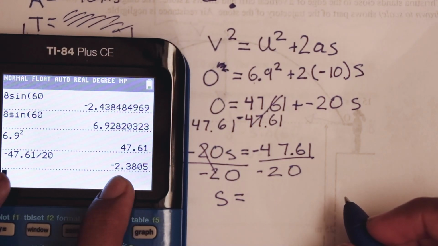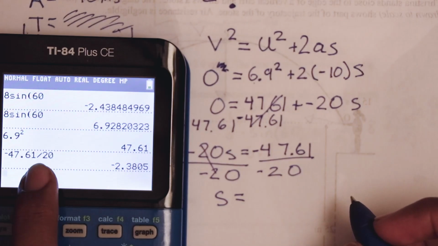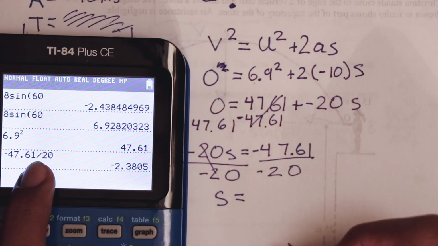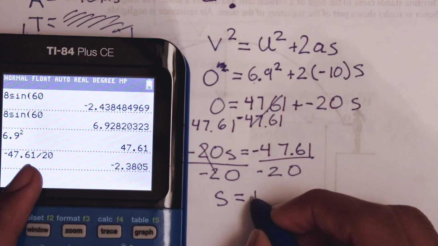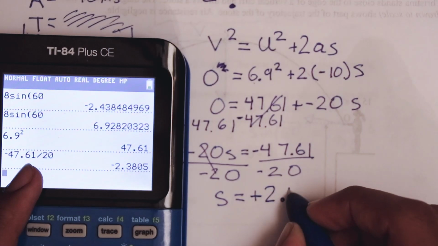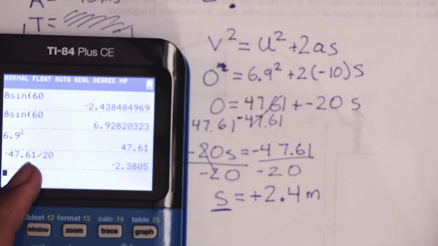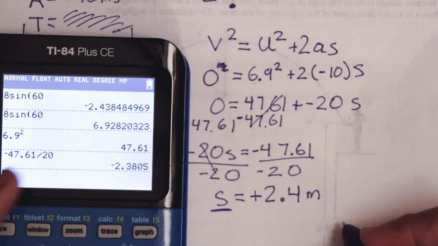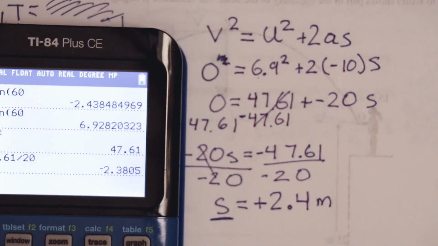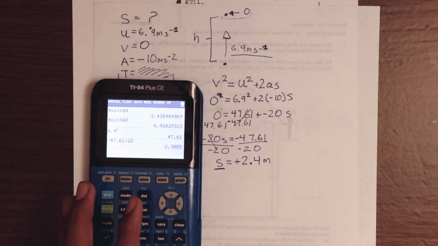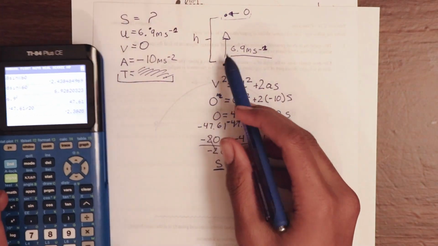Oh, I forgot to put a negative on the 20. Don't forget to put a negative. It should be positive. So S equals a positive 2.4 meters, because this is the displacement, remember? So if we remember originally, we were looking for the height.